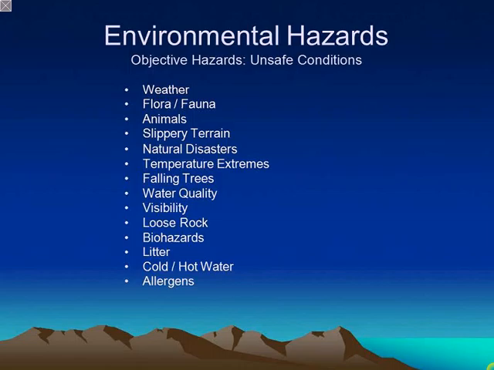Take a minute now to think of other environmental hazards that you have experienced in the past or can anticipate that we have not listed here that you might encounter with us.